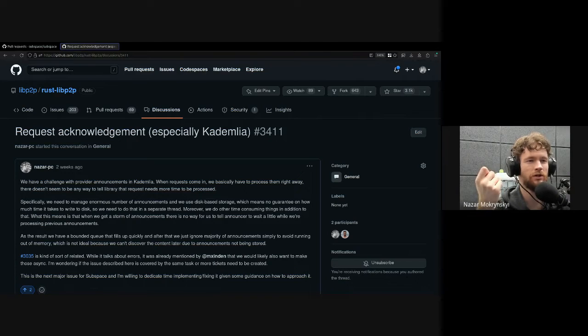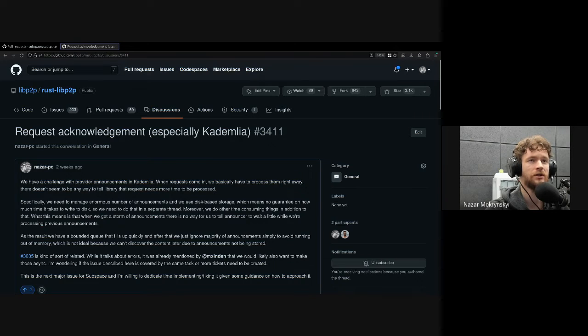Basically, there is a store in peer-to-peer that persists records and providers, and it has a synchronous API. That causes a few problems. First, it's blocking the networking stack completely while we are doing something, and we have a database with synchronous calls to the file system, which is a problem. The other problem is there is no acknowledgement for that.